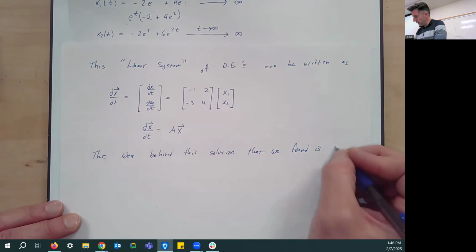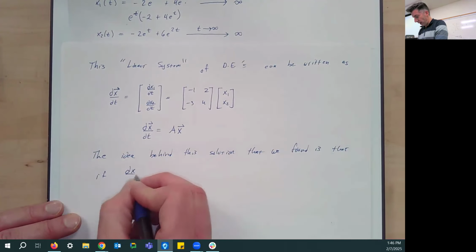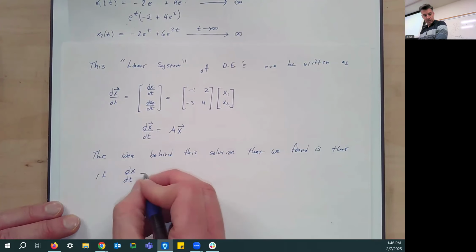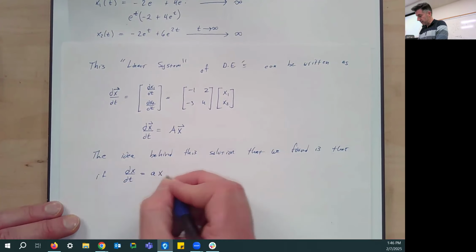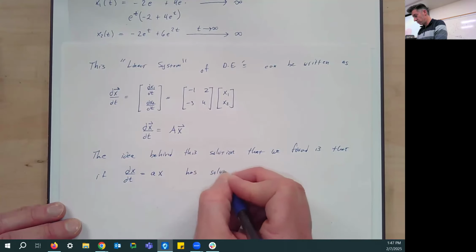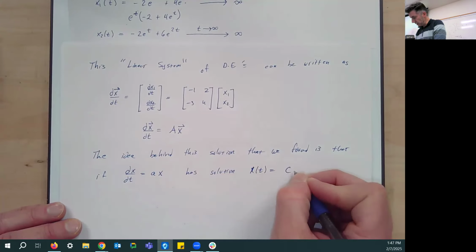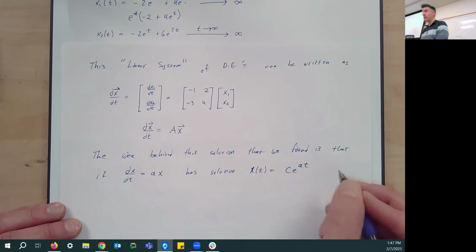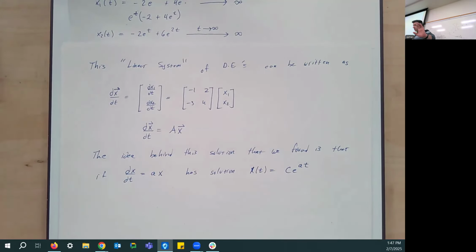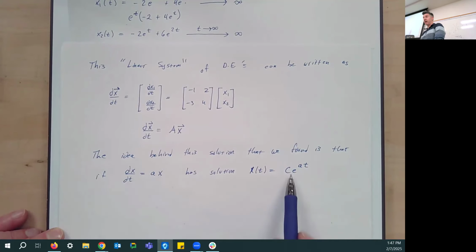From before, if the derivative of regular x, not a vector, is equal to some constant a times x, then it has the solution x of t equals c e to the a t. That's from 17b, when we talked about solving differential equations and how a system where the rate of change is proportional to the population size ends up giving us exponential growth.